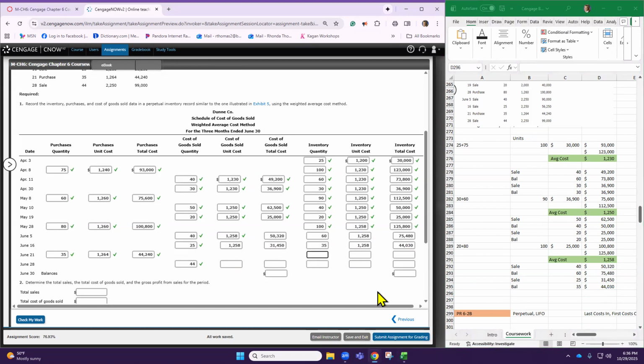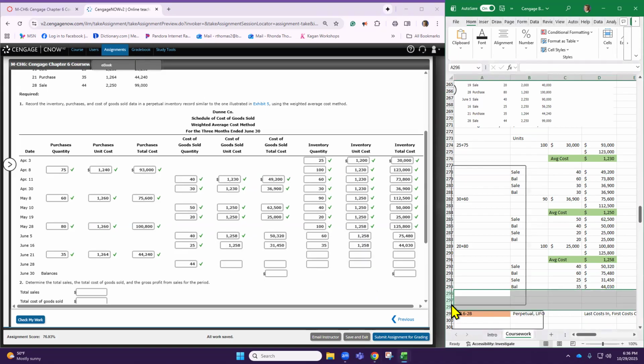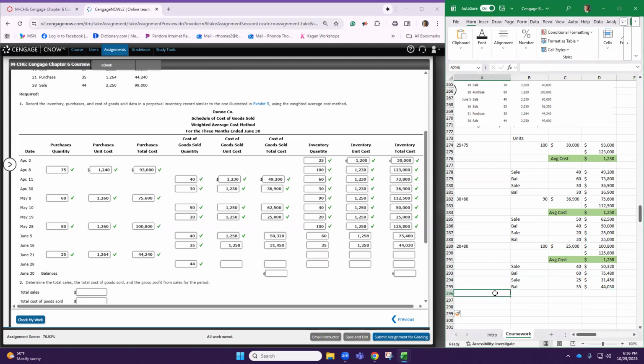Now we're about to do another average. Another average. So moving down, we're going to have 35 plus 35.